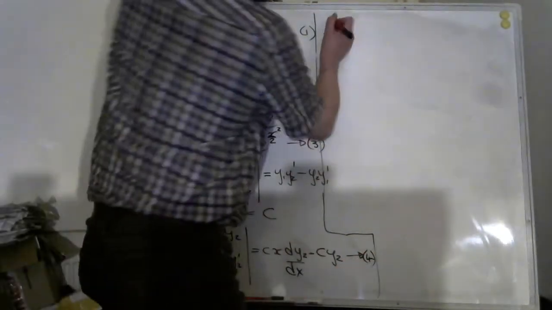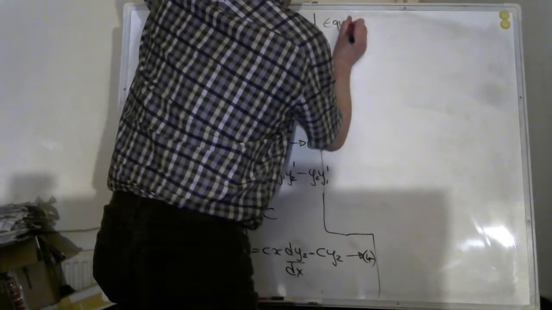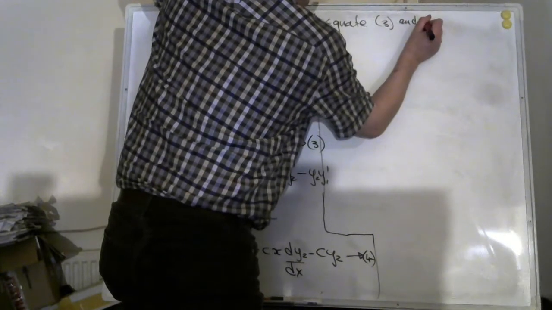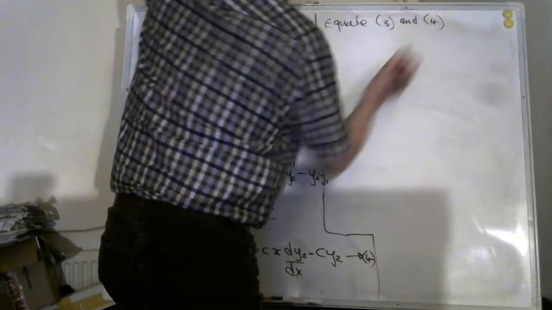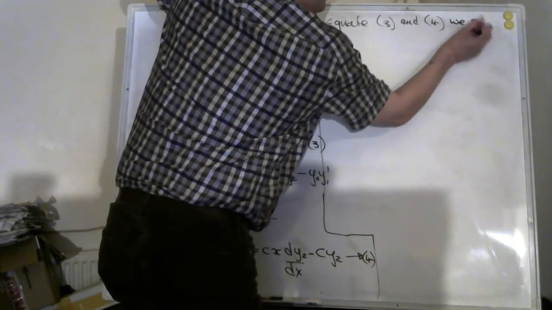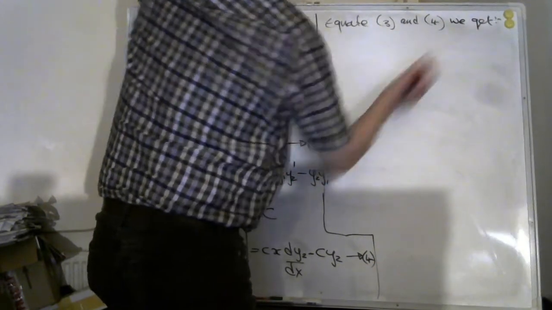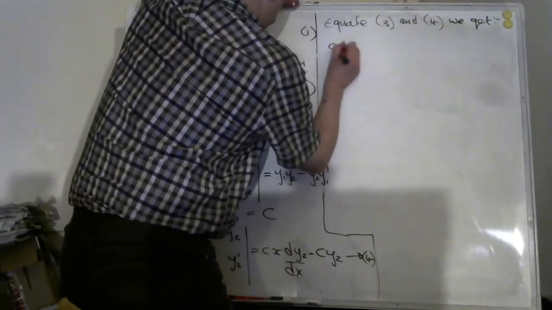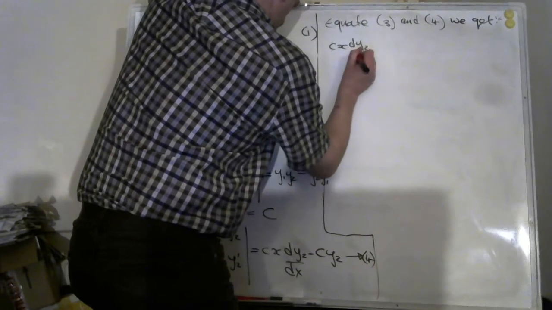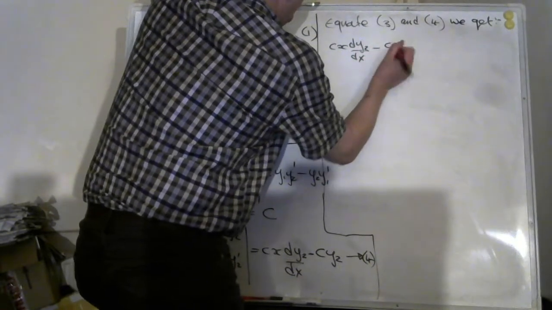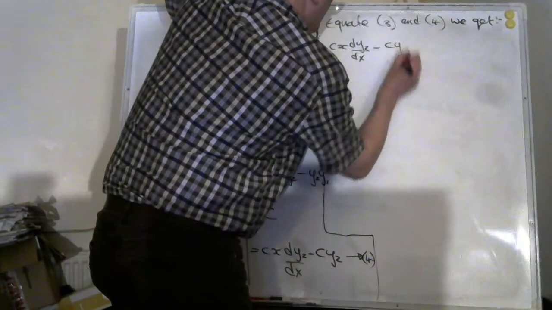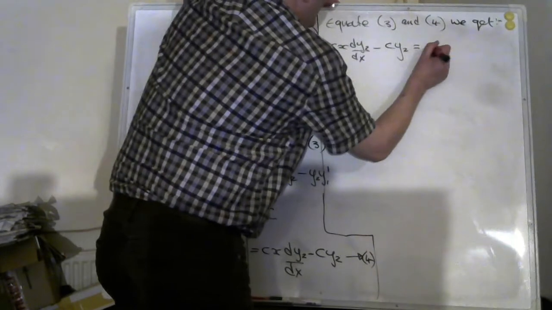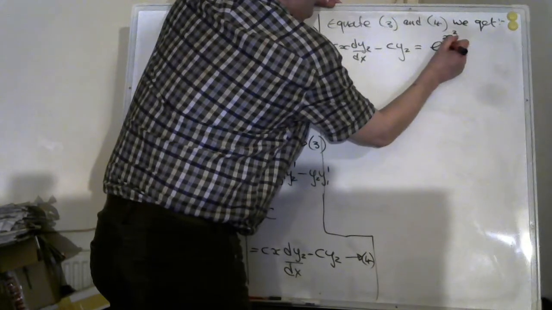So if we equate equation 3 and equation 4, we get c x dy2 by dx minus c y2 equal to this, e to the x squared over 2.